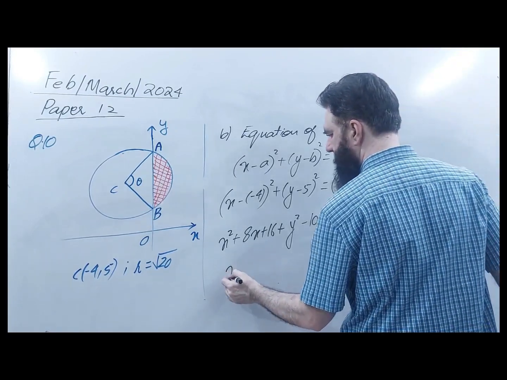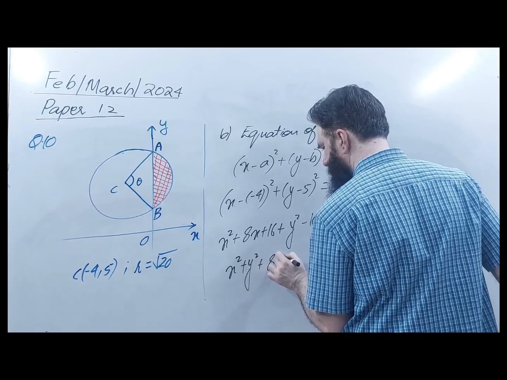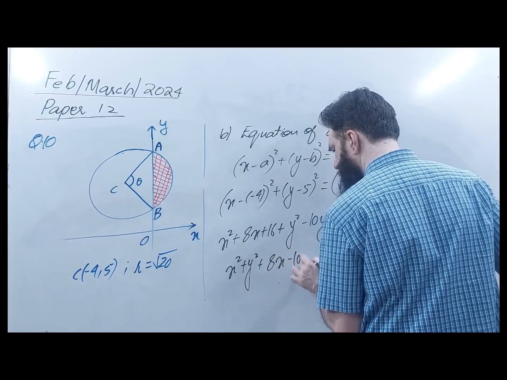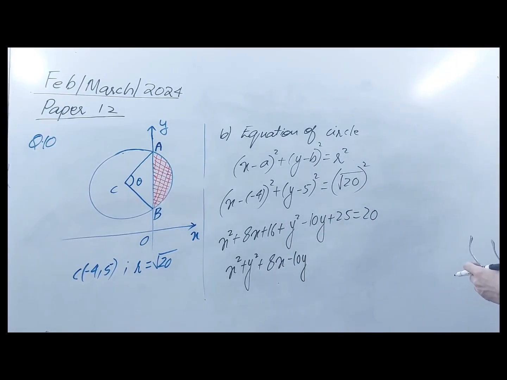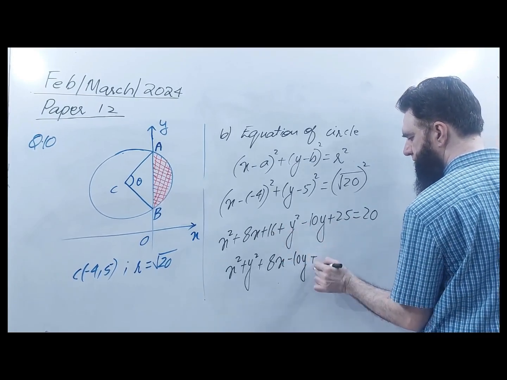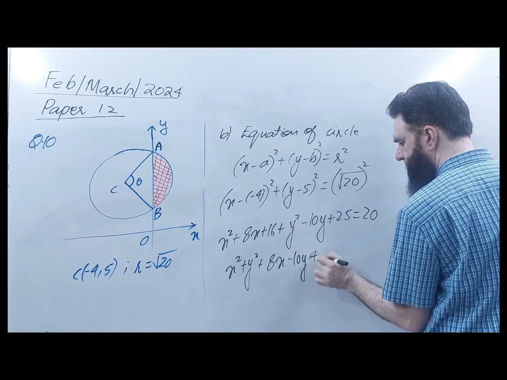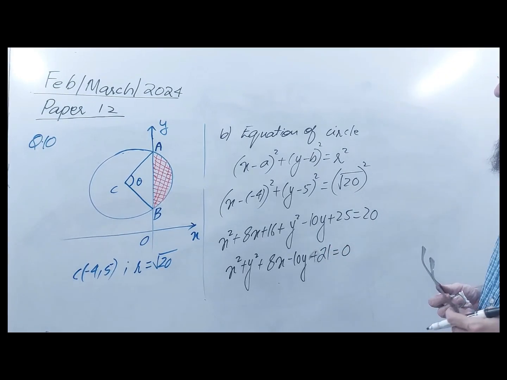Just write it like this: x square plus y square plus 8x minus 10y, 25 and 16, well 35, 41. Well, you subtract 20 from it, you get 5, 5 and 16 is 21. So this is the equation of the circle that we are looking for.